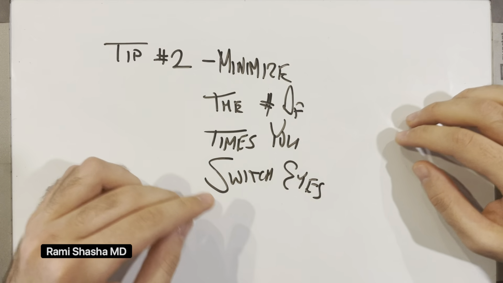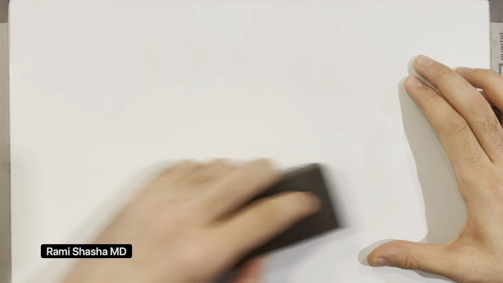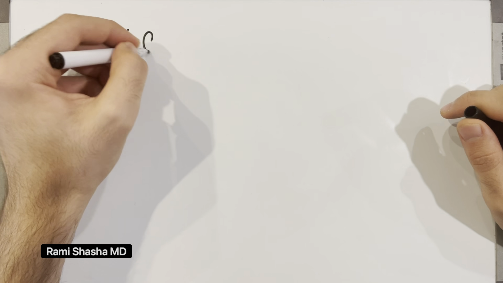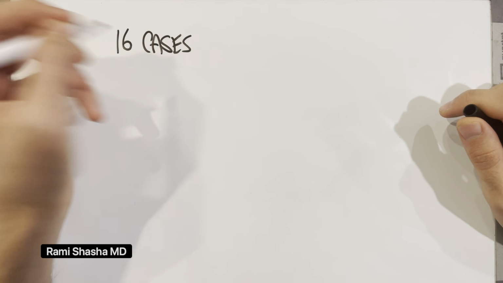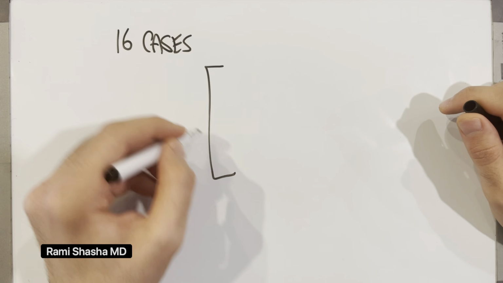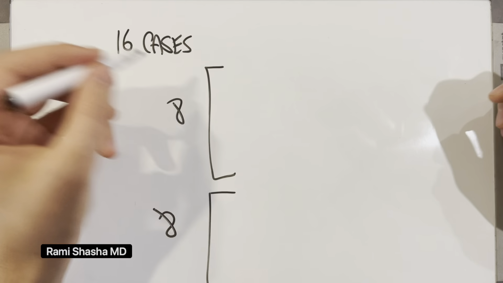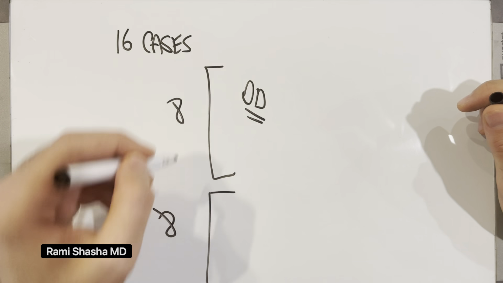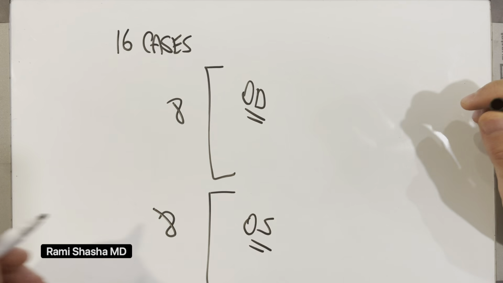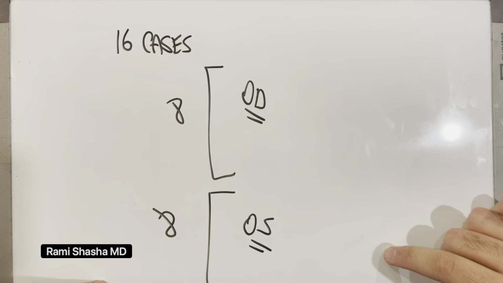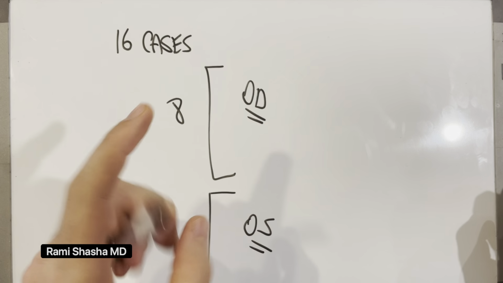So what do I mean by that? Well, if I use the 16 cases a day as an example, the first 8 and then the second 8 should be, as an example, right eyes, and then all left eyes. So in this particular setup, you're only switching eyes once.